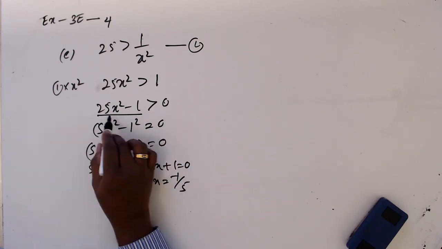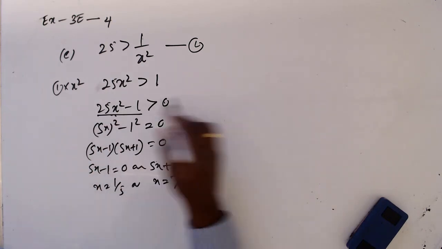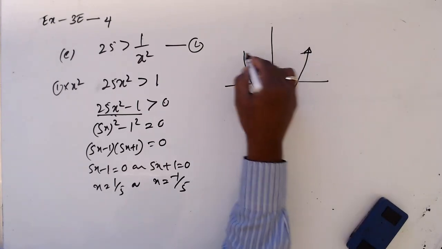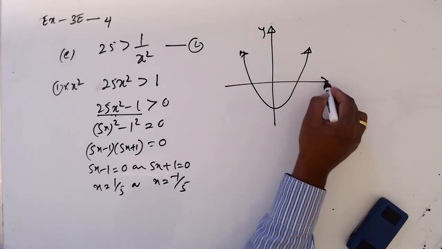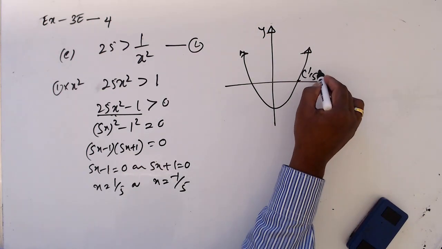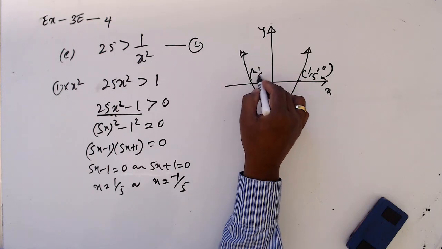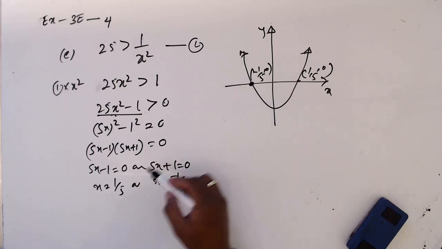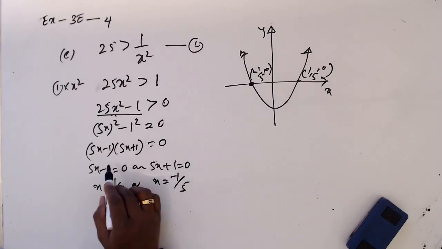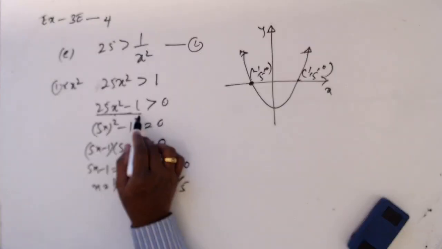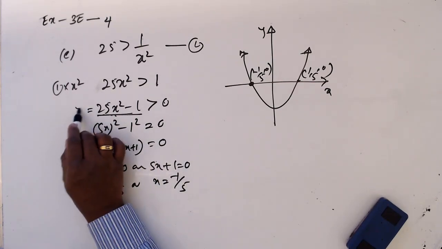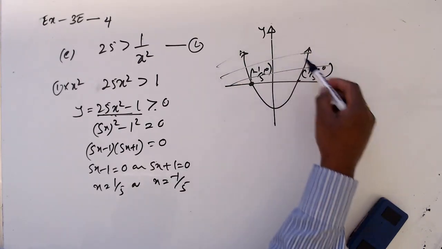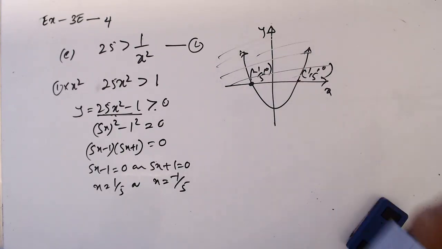Now we know this is a quadratic equation and it has a minimum. Y, x, 1 over 5, 0, minus 1 over 5, 0. Now the area we need is if I consider this is equal to y greater than 0. So y greater than 0 is, this is the area.